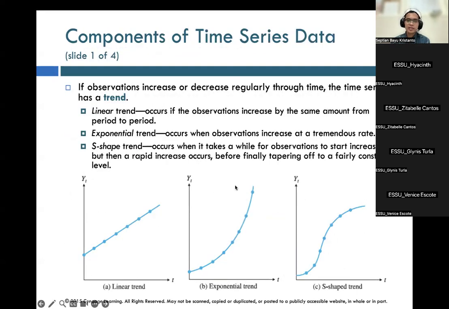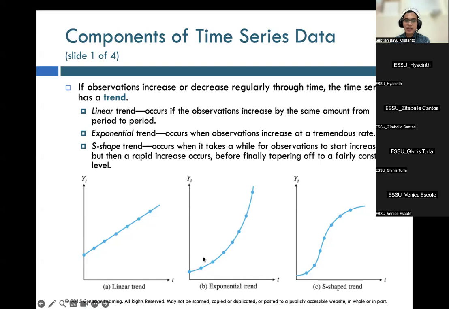Look at these ones. The first part to create forecasting analysis is to know about the trend positions. Here we have the linear trend, the exponential trend, and another one, the S-shaped trend. When you are in the linear trend, it's very easy to predict your forecasts.